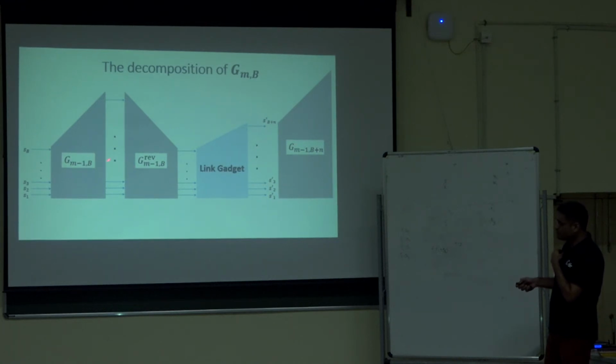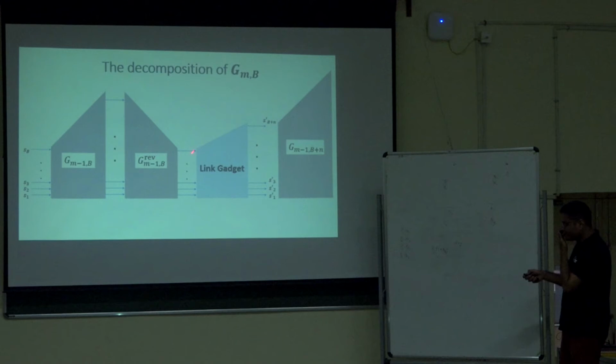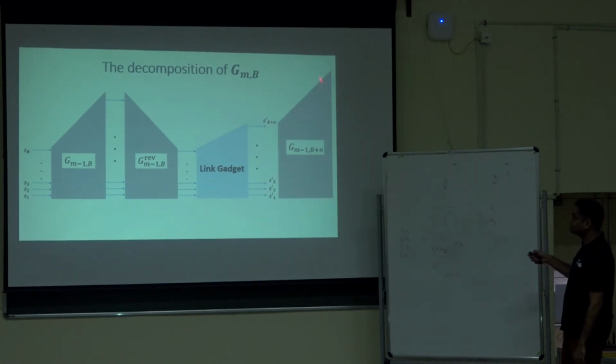You start with b input vertices, and then you reverse the same graph and you attach it to itself. So this had b input vertices, and this has b output vertices because it's just a mirror image of the graph. Then you connect it using something called a link gadget. This I'll describe shortly. And then this is also coming from the previous level of induction, but a bigger graph. That graph was on b input vertices. This is on b plus n input vertices.